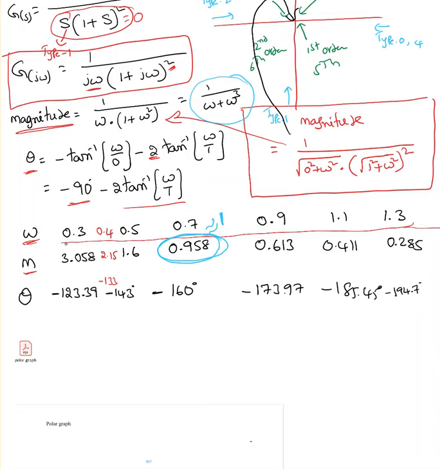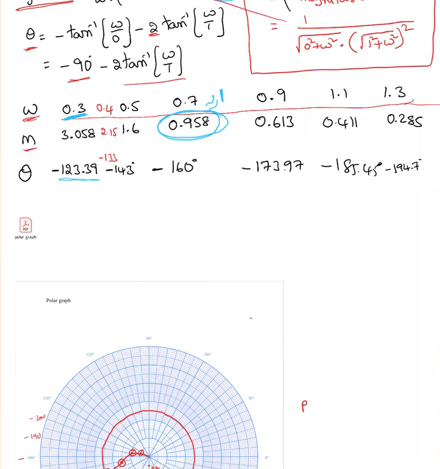At 0.3, substituting omega equal to 0.3 in the magnitude, I ended up with magnitude 3.058. And for the phase angle, substituting 0.3, tan inverse of 0.3 times 2 plus 90, altogether this angle is minus 123.39. 3 is a little bit bigger number. When I'm indicating that in the polar plot, I don't have 3, so that's the reason I chose 0.4.